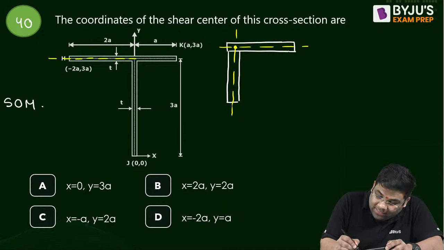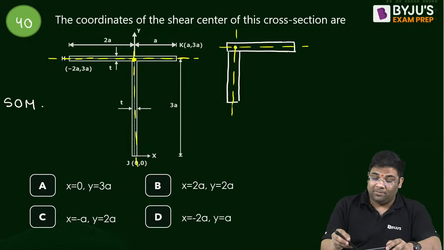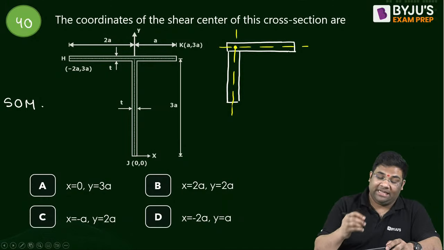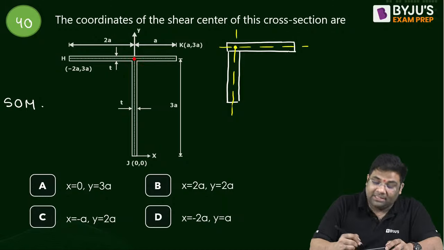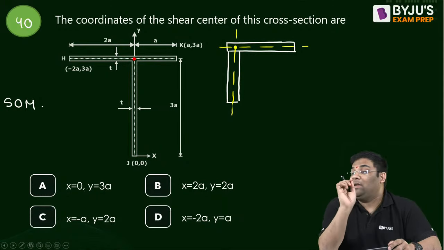This point will become the shear center. Understood this thing or not? So whenever rectangular areas form a particular shape, remember that the intersection point of the center lines of those rectangular areas will be the shear center.